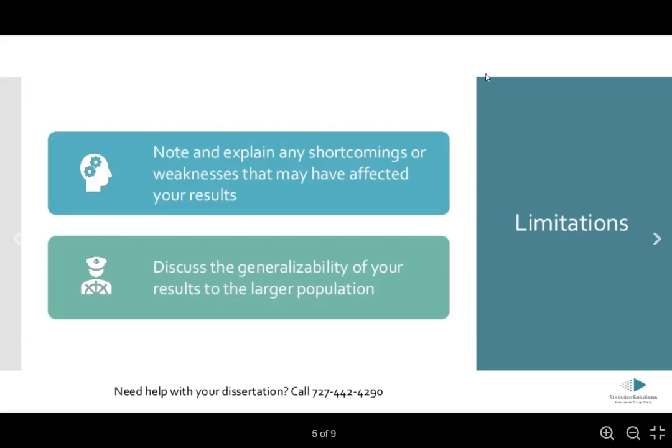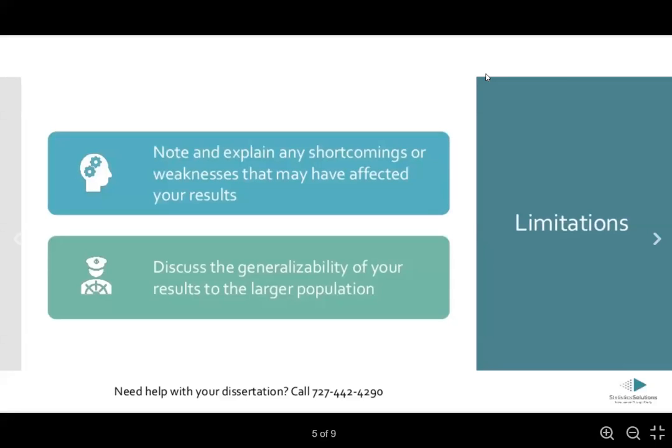If you are doing a quantitative study, you will also want to discuss the generalizability of your results to the larger population. So remember, generally with quantitative studies, we're looking to have a large sample size, whereas in a qualitative study, you can have a smaller sample size because we are not really looking to generalize with those qualitative methods.